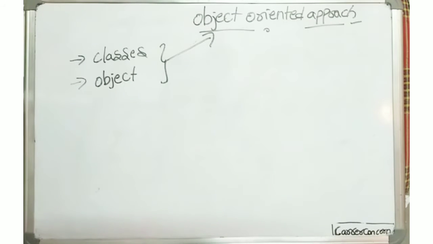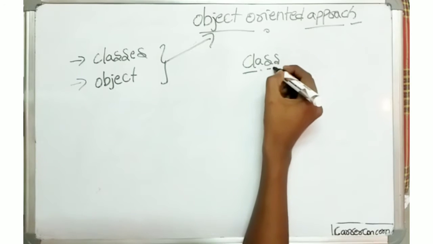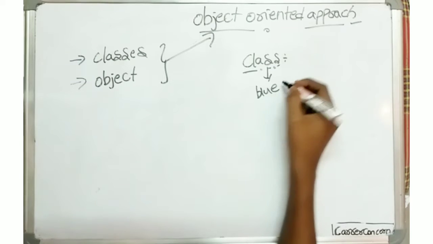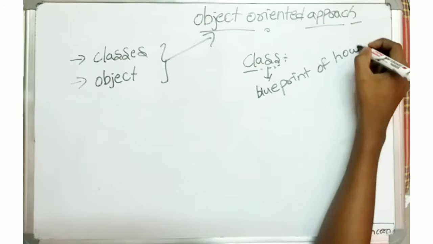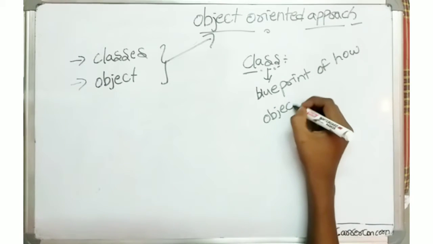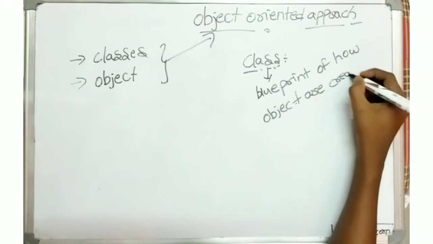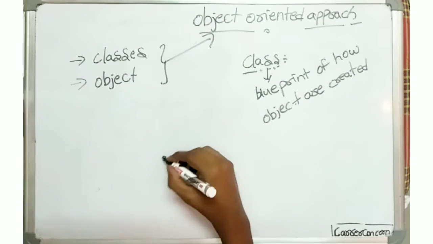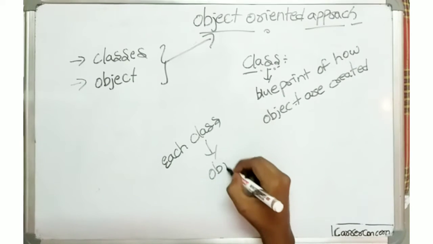A class is nothing but a blueprint of how objects are created. We create objects from classes. From each class we can get an object.